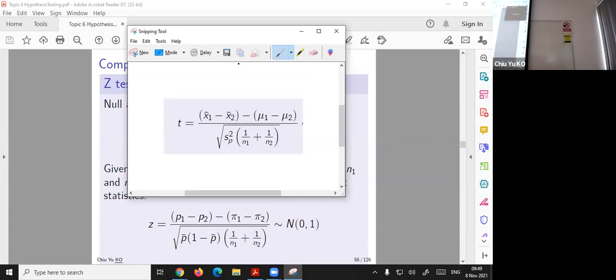You can see they are very similar except for this part. You may ask why this part is here. I will explain soon, but you can see the same structure. In fact, later you will see the reason why it is like this: in the sample mean case it is different, but in proportion, the mean and variance are related, and this is the variance. I will explain in the next slide, but you can see the structure is the same.